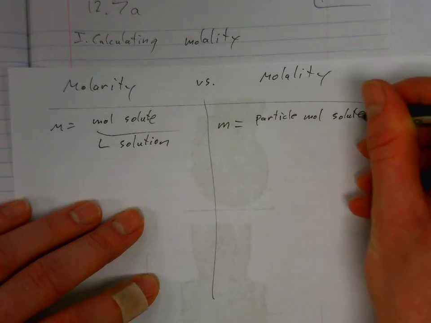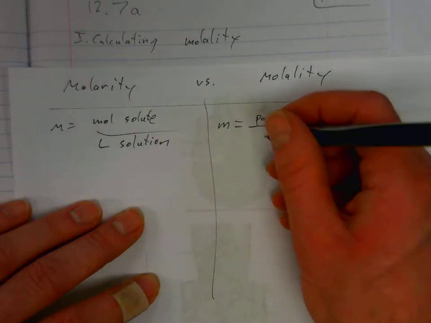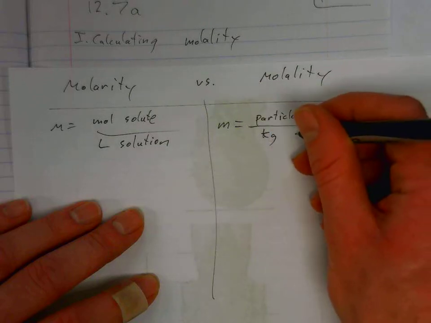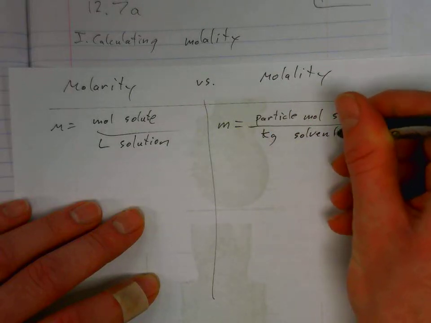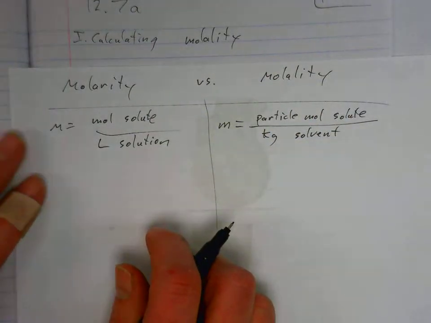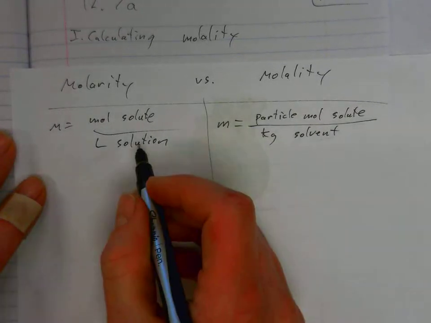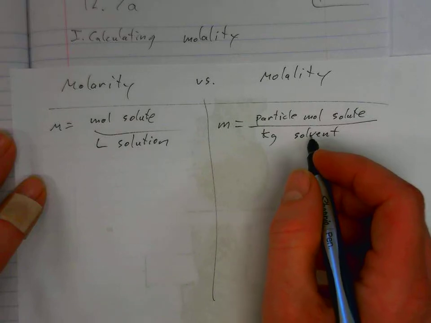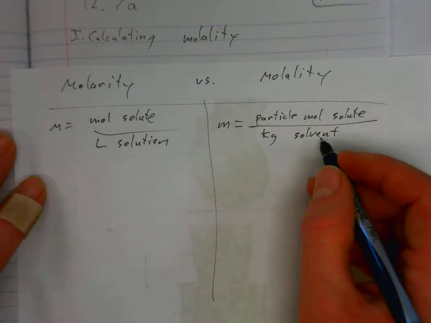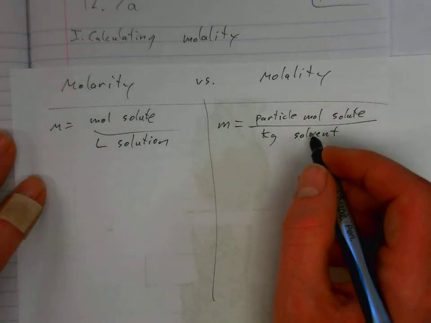So there is a difference there. First of all, notice we have kilograms of solvent versus solution. So it would be, say, the amount of water versus the whole solution. And the particle moles, that is another key difference. Let's discuss what that means, this idea of particle moles.